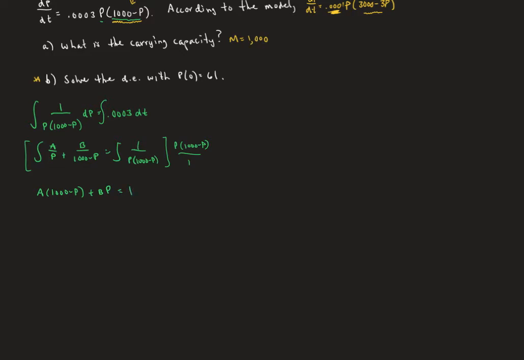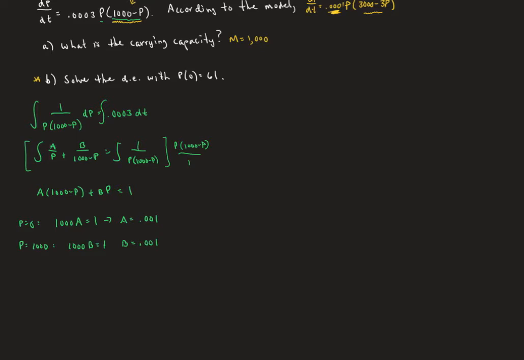We're going to choose carefully selected values of P, say 0. That will give us 1,000 A is equal to 1. And so our A is going to be 1/1000th, or I'm going to write it as 0.001. Plugging in 1,000 for the P will give us 1,000 B is equal to 1, and so B is also going to be 0.001.